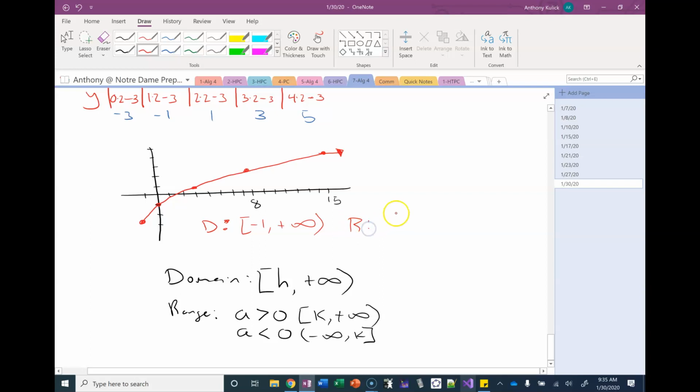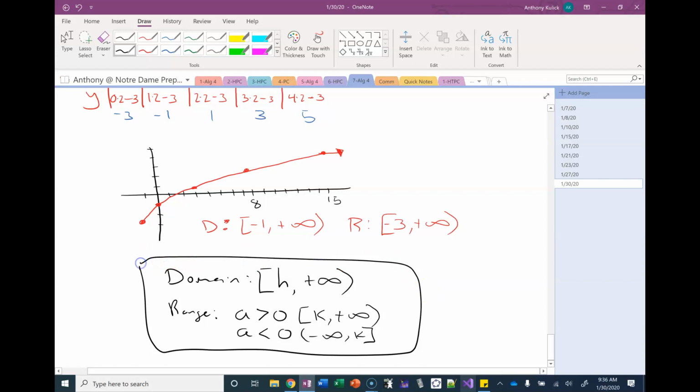And what would we say the range is? -3 with a bracket to positive infinity. So these two rules here, also very important. You want to make sure you have those written down. That's going to be how we'll find the range for these square root functions. Okay?